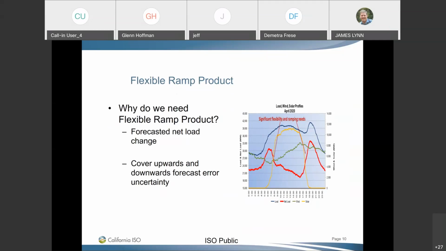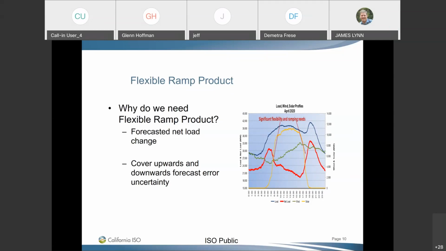As we rely on more renewables, you're going to have resources set in position to meet these ramping conditions when, I don't know, the wind dies down and solar takes over. When solar dies down at the end of the day and you're waiting for the wind to come on, you're going to have resources in position to meet the net load change ramp.